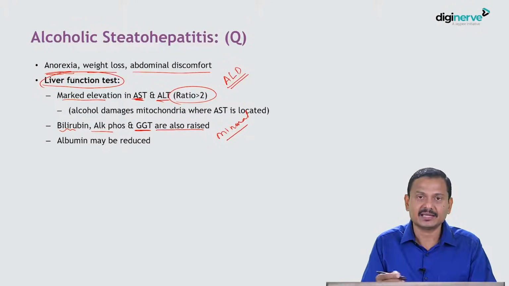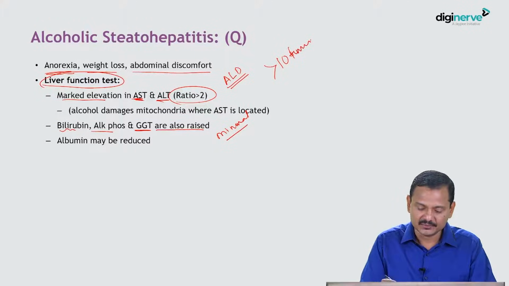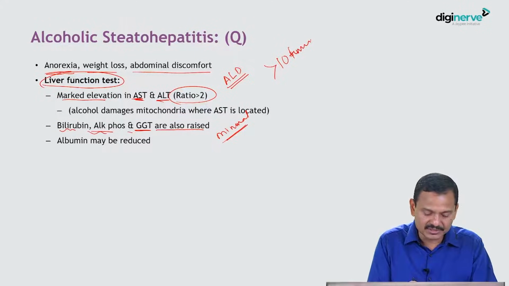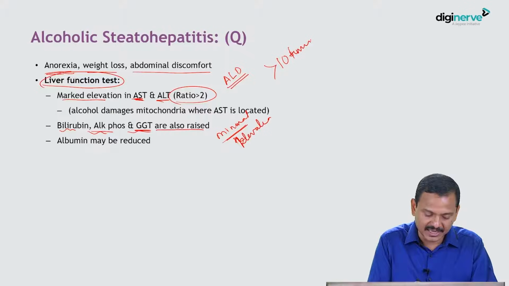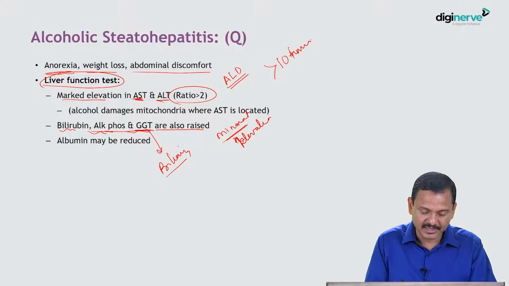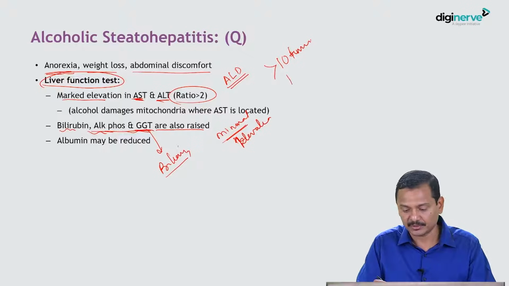ALT and AST will be more than 10 times, whereas your alk phos and GGT will be minimally elevated, because GGT and alk phos come from the biliary epithelium, whereas ALT and AST come from the hepatocytes.